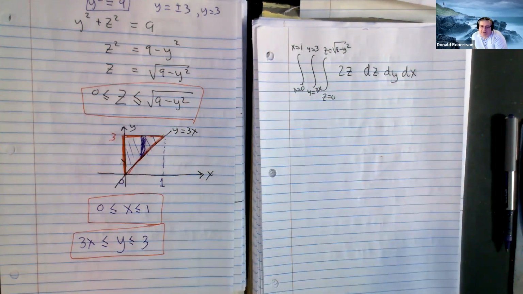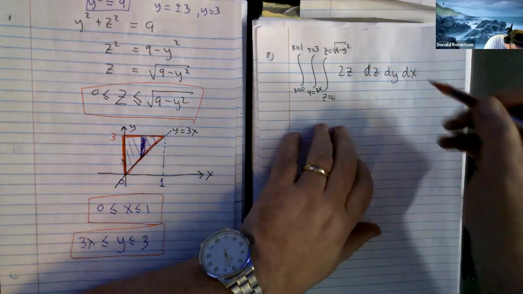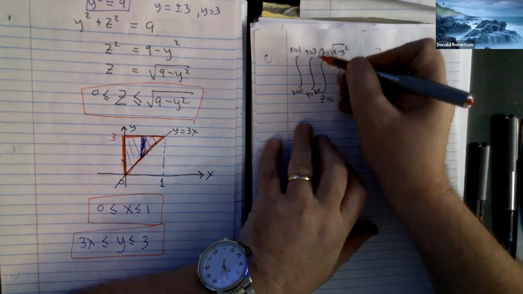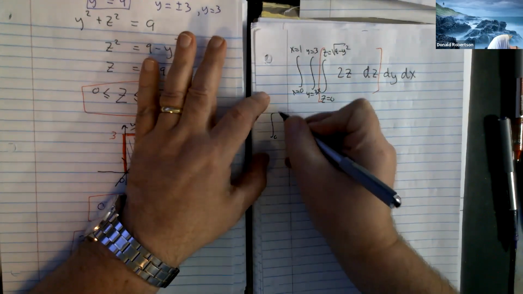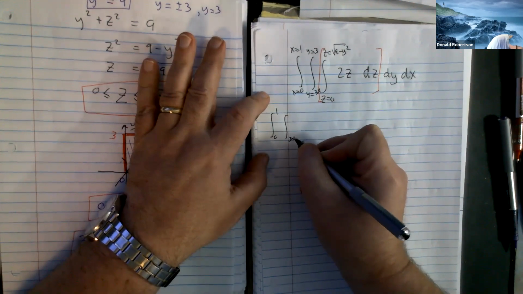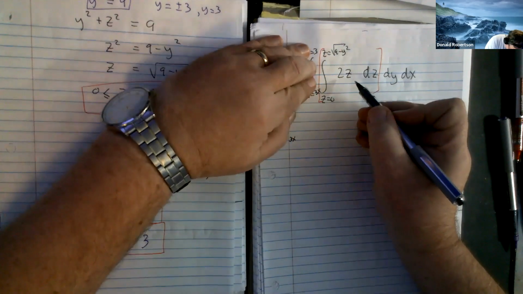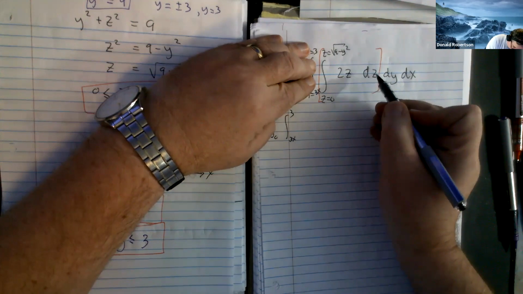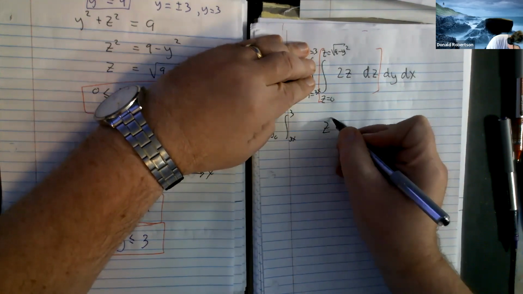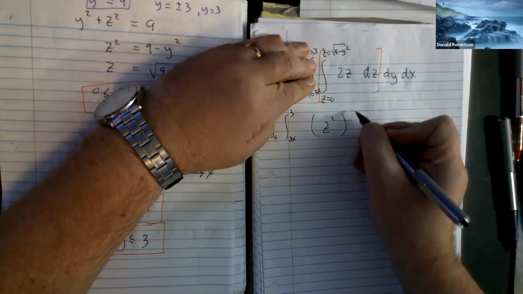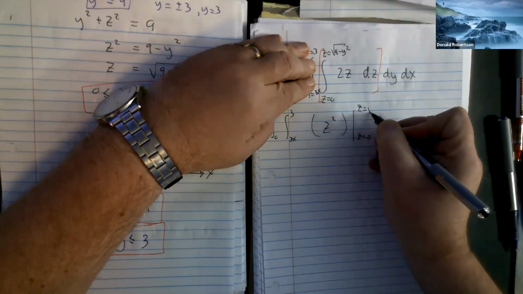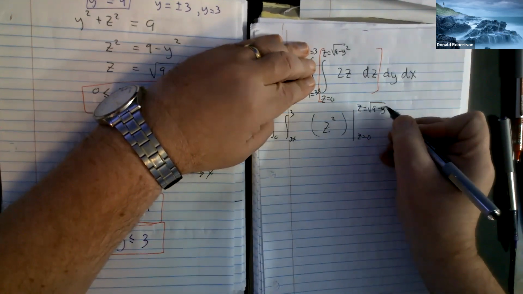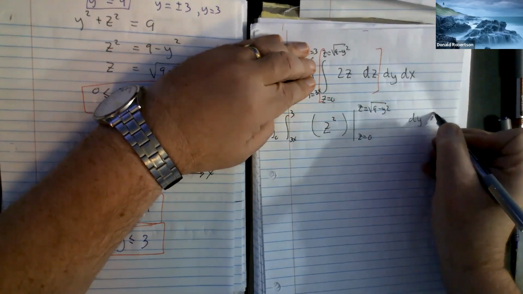Okay. I'm not going to ask you, I'm going to do the next line. Let's do the next line of integration. So I'm going to do this piece first. So it's going to be 0 to 1, 3x to 3. If you integrate 2z with respect to z, you will get z squared. You will evaluate it from z equals 0 to z equals the square root of 9 minus y squared, and then you can do the other two guys when you're finished.